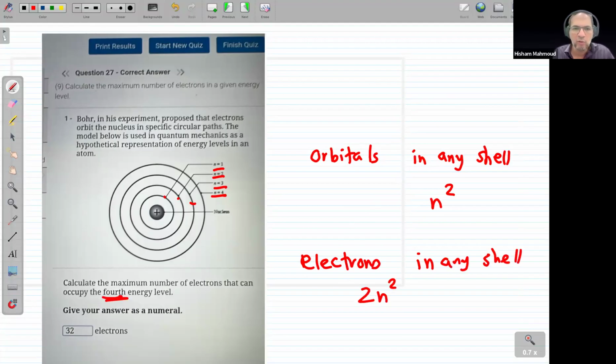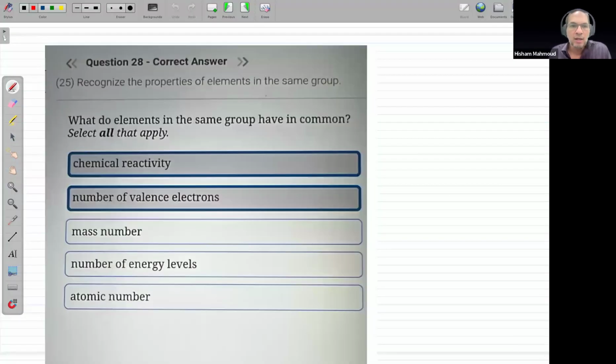So for the fourth energy level, just put 4 in place of n. 4 squared is 16, and 2 multiplied by 16 is 32 electrons that can be in the fourth energy level.